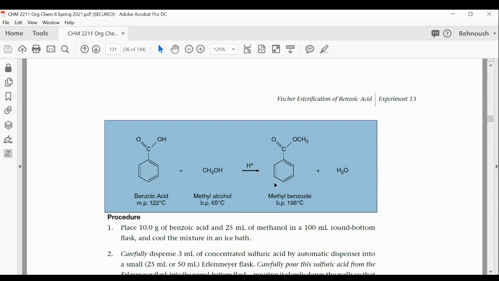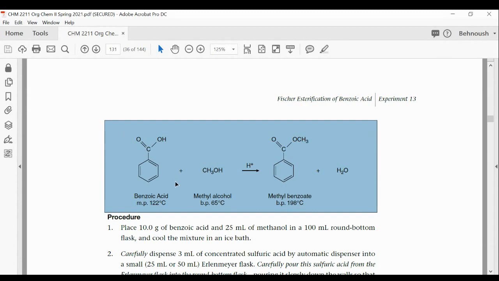I'm going to show you the IR spectrum, but first we are going to go through the procedure. You will see that the IR spectrum for methyl benzoate looks different from that of benzoic acid. The IR for methyl benzoate is provided in D12 in the same folder where you find the video for the experiment, just right after the video.